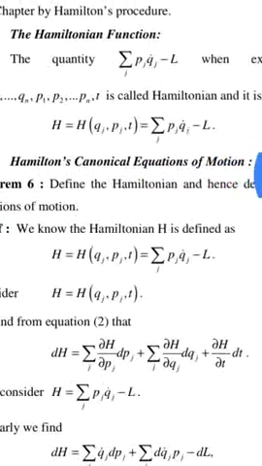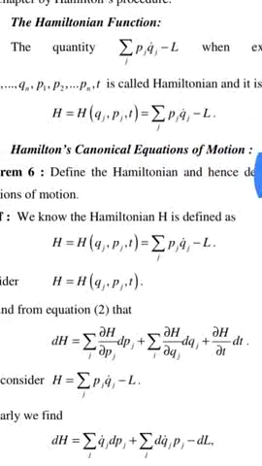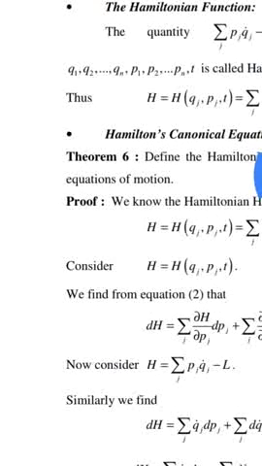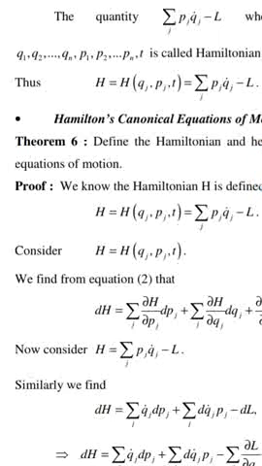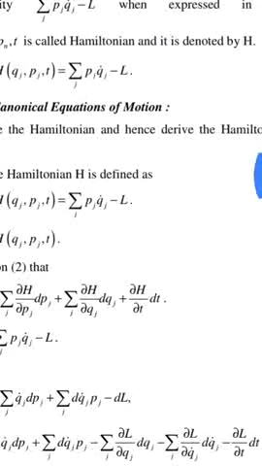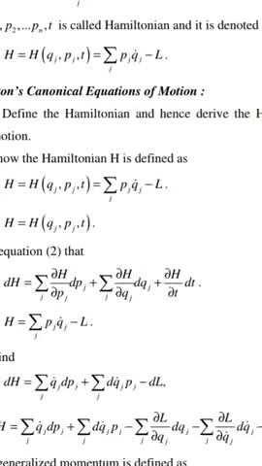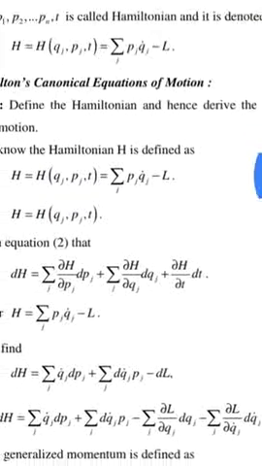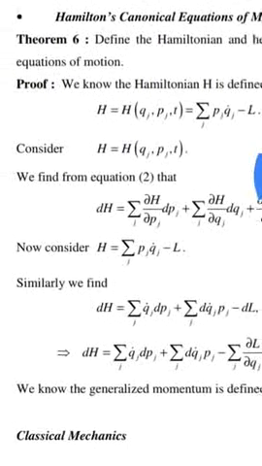We know the Hamiltonian H is defined as H equal to H of (qj, pj, t), equal to summation of pj qj dot minus L. Consider H equal to H of (qj, pj, t), where we find from equation 2 that dH is equal to summation of ∂H/∂pj dpj plus summation of ∂H/∂qj dqj plus ∂H/∂t dt.